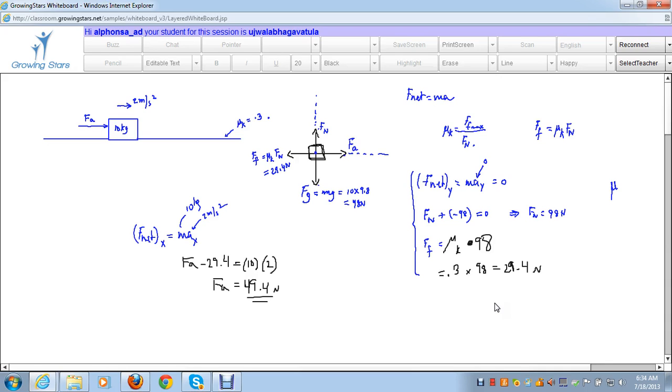Here in this case, you know, the normal force and force of gravity are same. Normal force and force of gravity are same in this case, but it always need not be like that. For example, I'm giving another question.